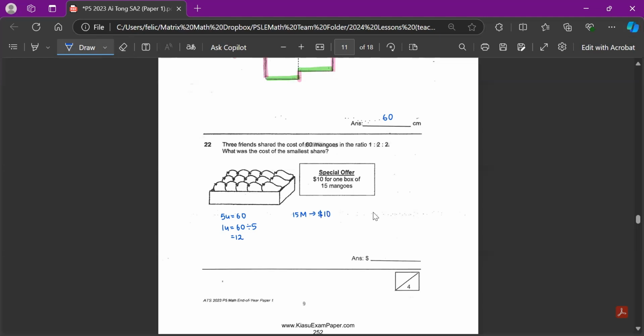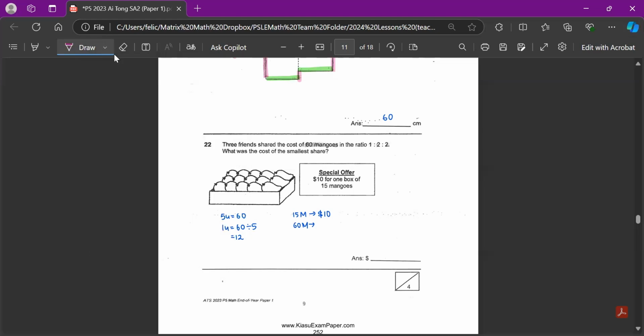But since the 3 friends are sharing 60 mangoes, we can find out the cost of these 60 mangoes, right? Let's just find out the cost of 60 mangoes first.